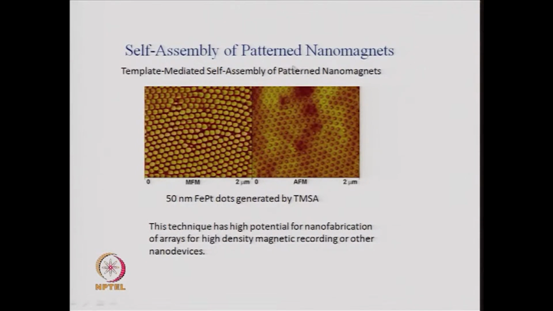That is what we are discussing here, a self assembly of patterned nanomagnets, which can be prepared using a template mediated method, and it has high potential for many applications, because these are normally used for magnetic recording, etc. High density, that means many particles over a square unit area, is required, then only will you have high density magnetic recording or other nanoscale devices used for magnetic recording.